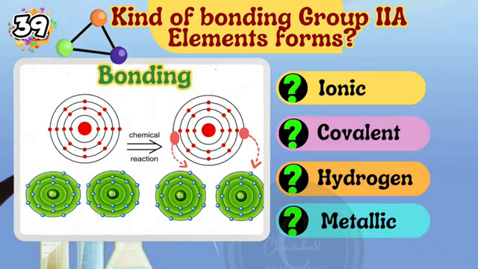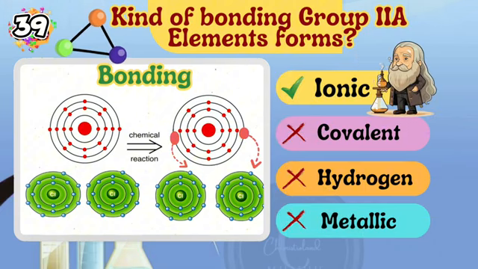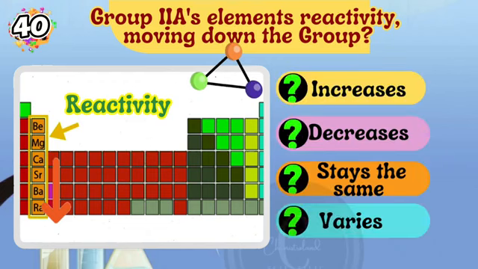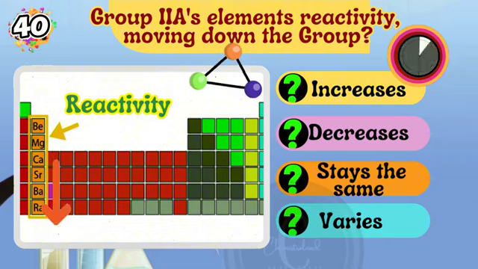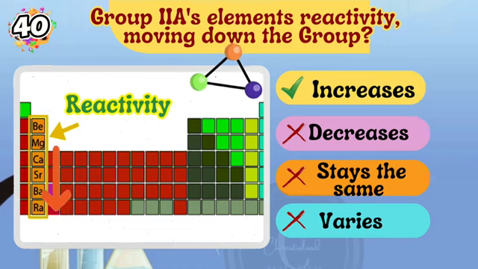Any idea about kind of bonding group 2A elements forms? Group 2A elements form ionic bonding. What about group 2A's elements reactivity moving down the group? Reactivity increases down the group.